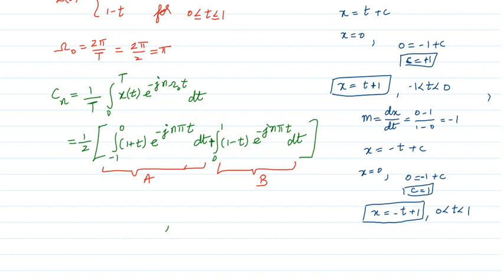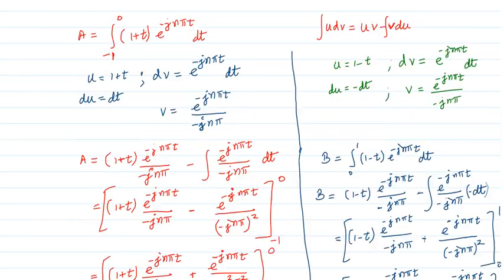Between minus 1 to 0, I am taking as A, and 0 to 1, I am taking as B. We will integrate, then we will add, and we will multiply with 1 by 2, thereby we will get c of n. This is how I did the integration. This is your A term. So this is integration by parts.